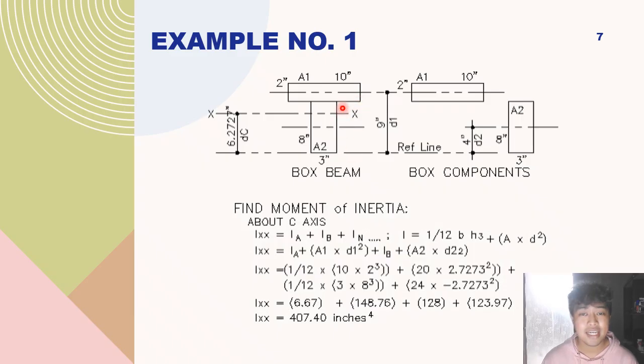If that is the case, then you compute for the total moment of inertia of the whole rectangle and subtract the moment of inertia of the cutouts. But since in this problem we have two shapes, we have to add them. There's no cutout, so no need to subtract anything.